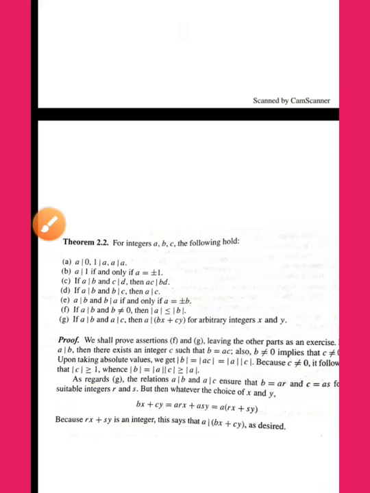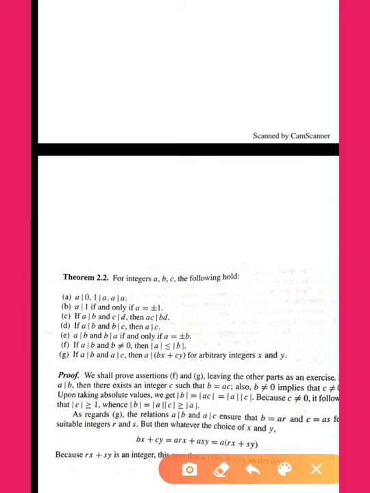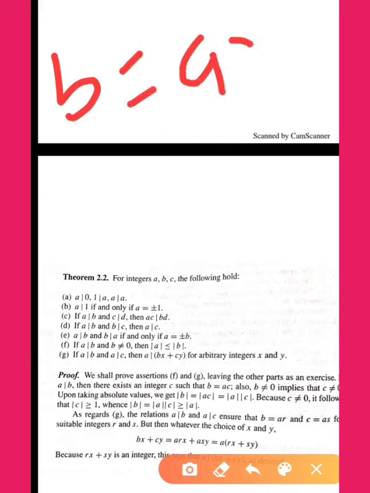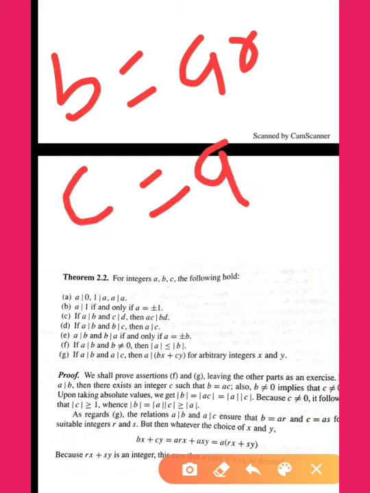So it follows that mod a is less than or equal to mod b. Now see property g. If a is a divisor of b and a is a divisor of c, then a is a divisor of b means b equals a times r, and a is a divisor of c, so we get c equals a times s.